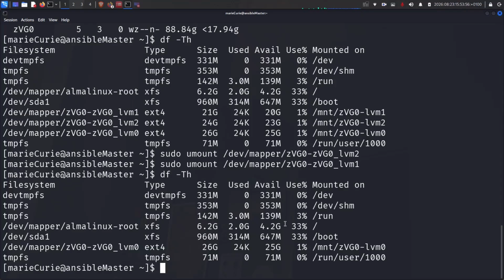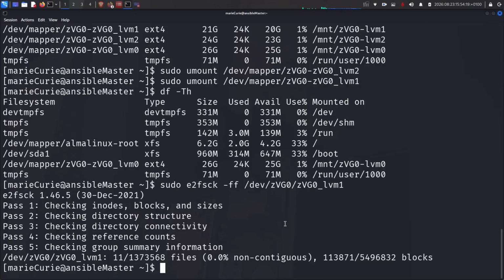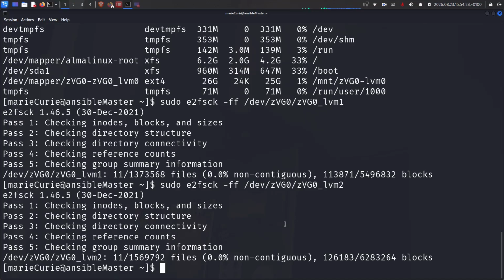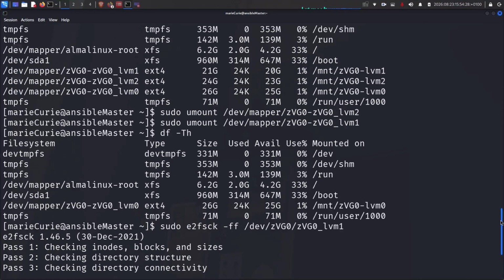Once you have unmounted, we have to check the file system for errors. So sudo e2fsck -ff /dev/vg0/lvm1, and then lvm2.